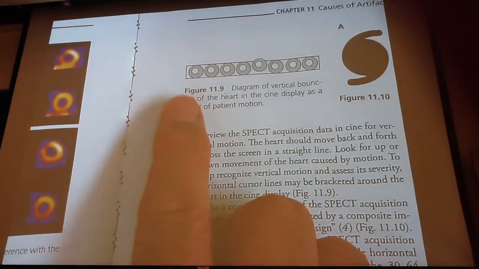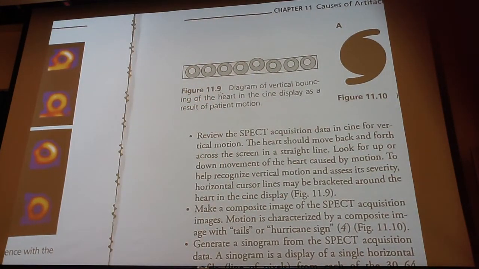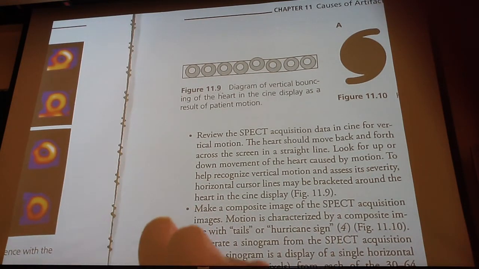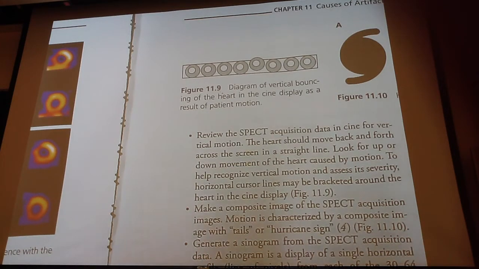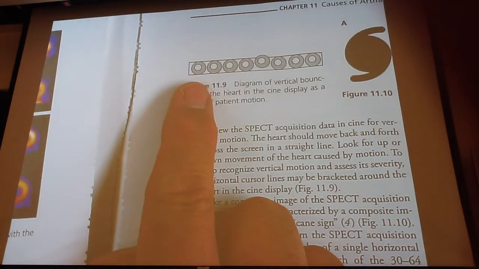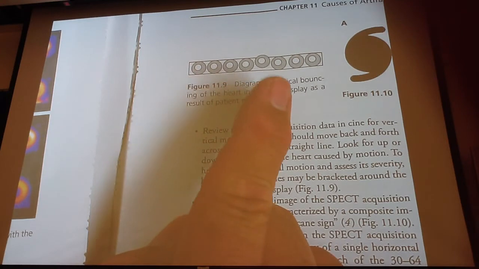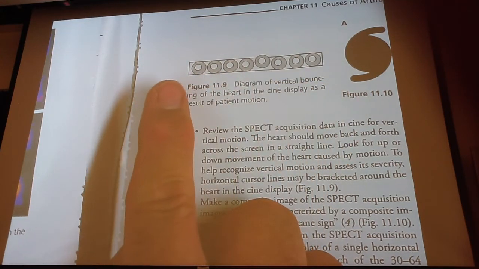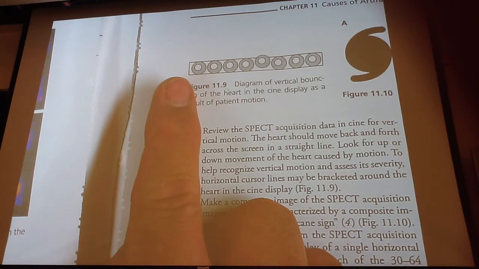Now normally you tell the computer to acquire a certain number of slices. Remember those slices that we use to create the polar image? There's about 13 slices. So here's slice number 1, 2, 3, 4, 5, 6, 7, 8 slices that were reconstructed. We're not showing the very first, which would be the apex.